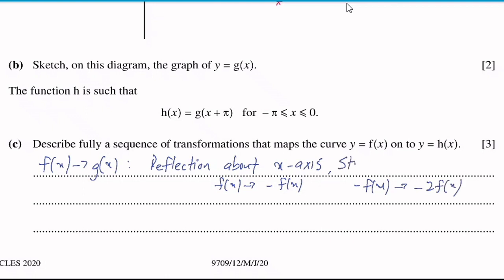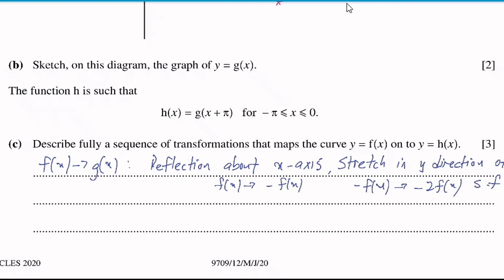So this is a stretch in the y direction of scale factor 2, okay? And in fact, this one is actually interchangeable. You can actually stretch first, then only you reflect. Okay, this one is interchangeable.